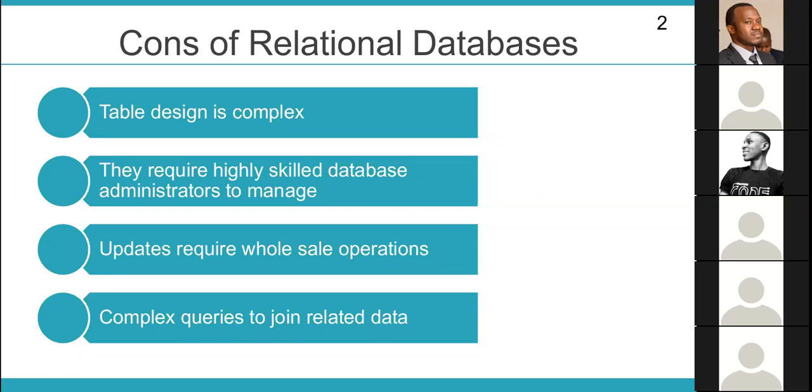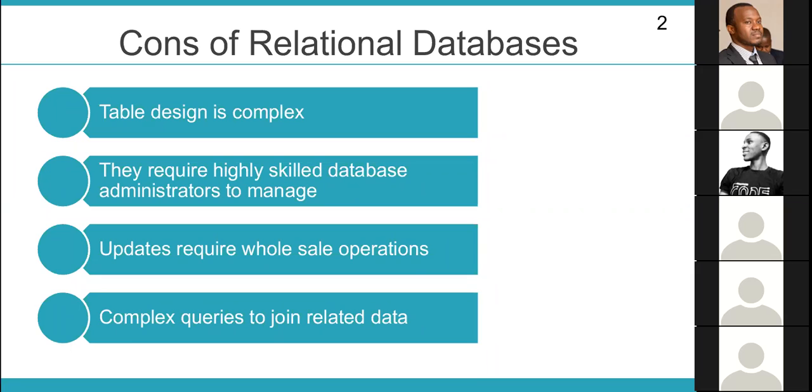If you're trying to update maybe one row within a table, SQL databases don't give you the capacity to just do this for one row. If you want to do it for one row in a table, you'll have to do it for all the rows in the table. So it requires wholesale operations, making them complex databases.